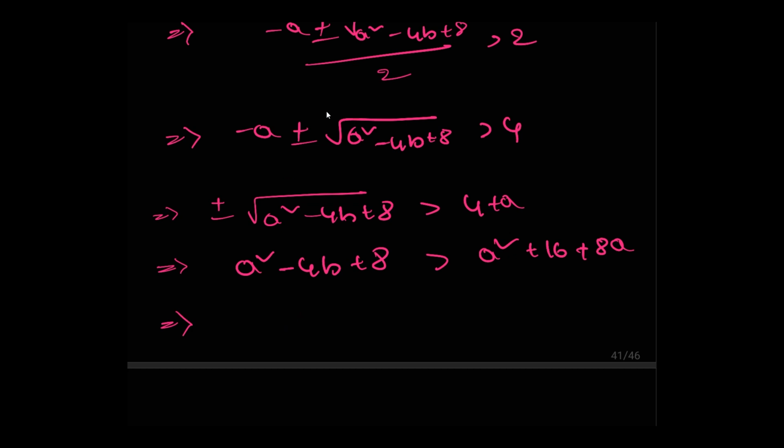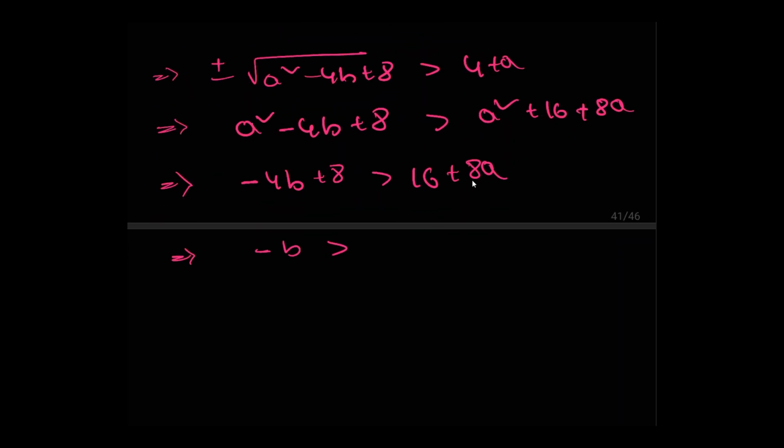That implies minus 4b plus 8 should be greater than 16 plus 8a. Minus b should be greater than 2 times 2 plus a.